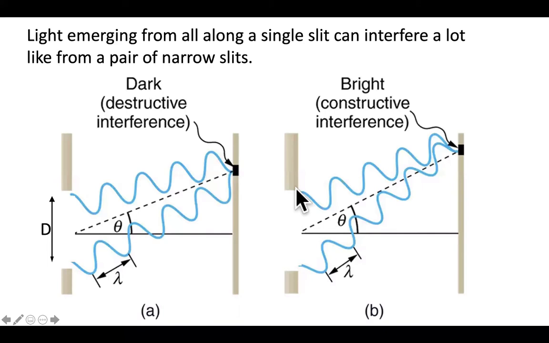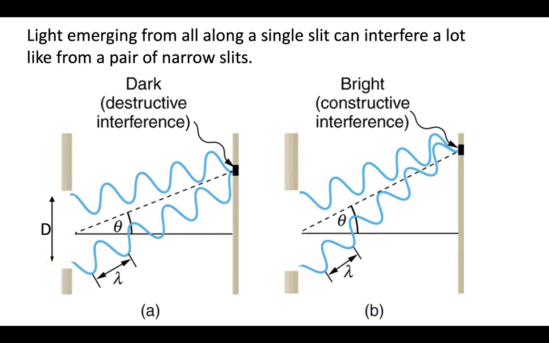Now, it turns out the math behind this is extremely annoying because basically what you have to do is take a bunch of slits and paste them very close together over some range d.